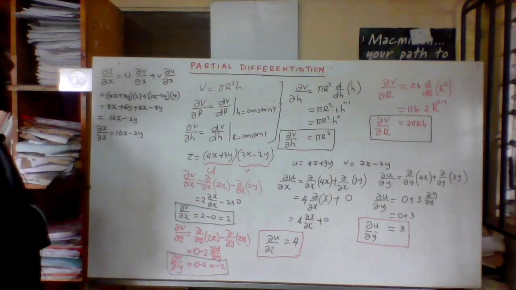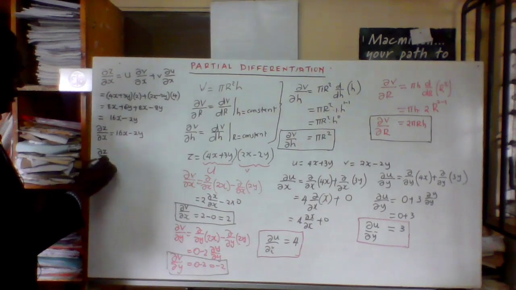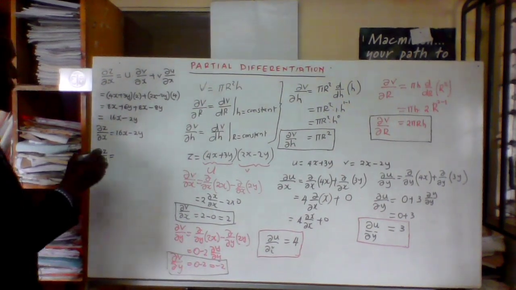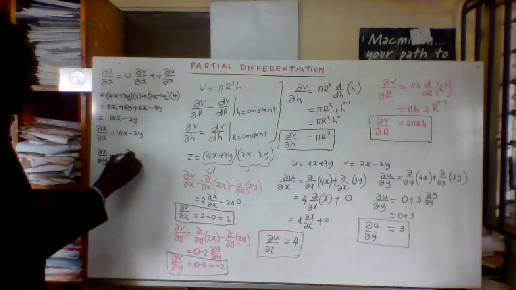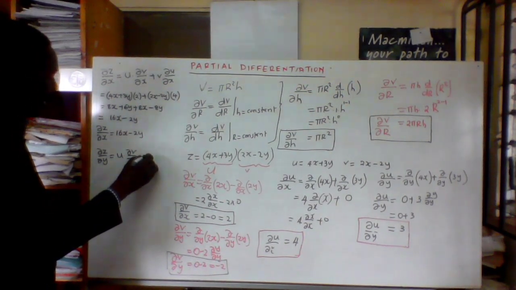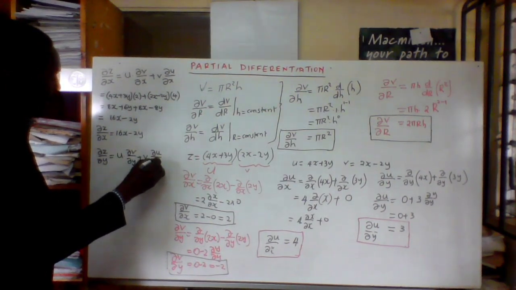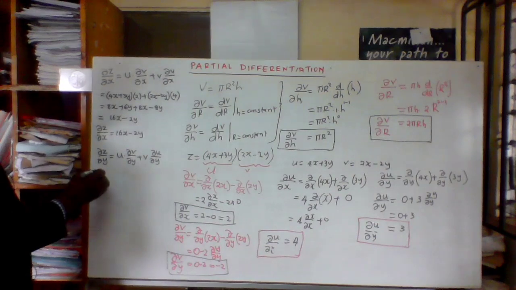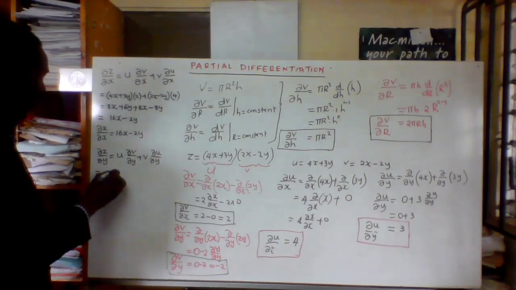We can also get partial derivative of z with respect to y, which will be equal to, using product rule again, u multiplied by partial derivative of v with respect to y. We add v times partial derivative of u with respect to y. We substitute, then we get our u, the first term, which is 4x plus 3y.